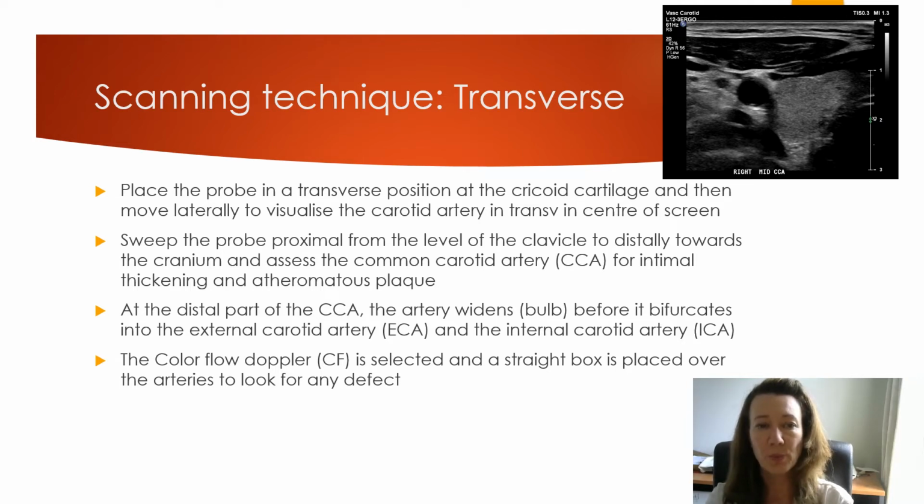We sweep the probe proximally from the level of the clavicle and towards the head, towards the cranium, and assess the common carotid artery for intimal thickening and atheromatous plaque. At the distal part of the common carotid artery, the artery widens, and we call this the bulb, before it bifurcates into the ECA and ICA. The color flow Doppler is selected, and a straight box is placed over the arteries to look for any defect.